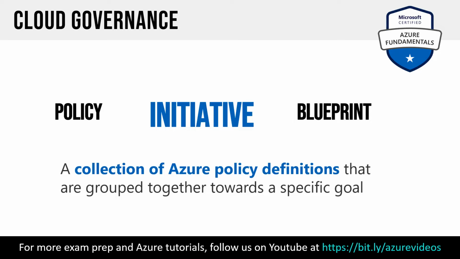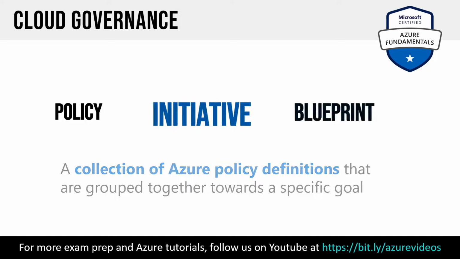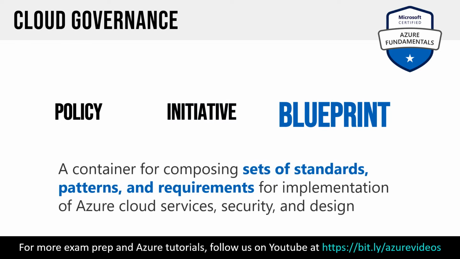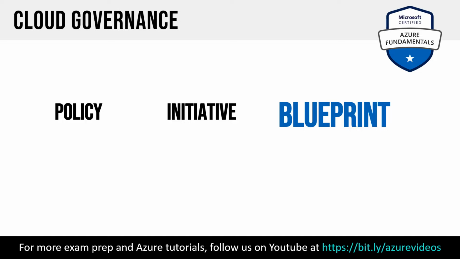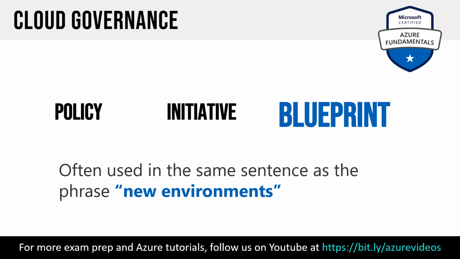And when you're creating an initiative, Microsoft provides you a pretty good set of policy templates you can pick from. You don't have to build all of your policies from scratch. There's some foundational material there that's quite helpful. And then a blueprint is a container for composing sets of standards, patterns, and requirements for implementation of Azure Cloud Services, security, and design. You'll often see blueprint used in the same sentence as new environments.